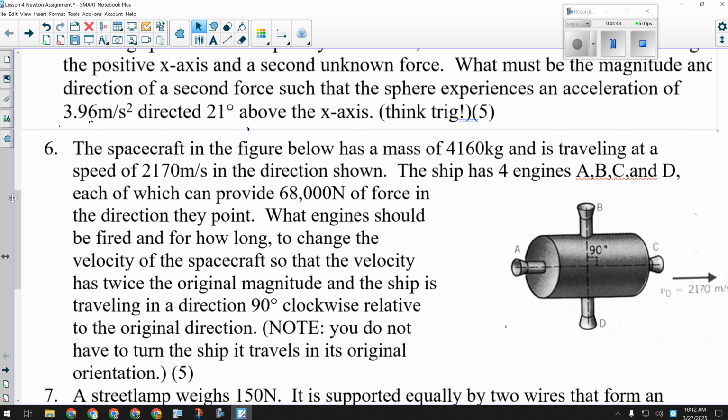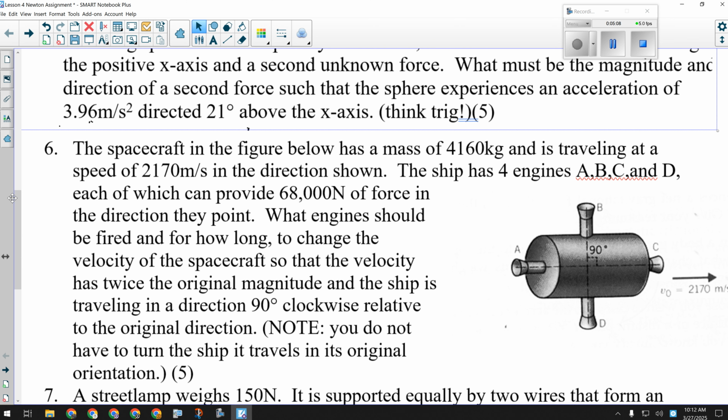So what you need to do is tell me which engines need to be fired and for how long each engine has to be fired. There are 2 engines that have to be fired. You need to tell me which 2 and how long you have to fire each one. Basically, you're stopping the spacecraft and then making it go in the second direction, accelerating it to twice the original velocity.